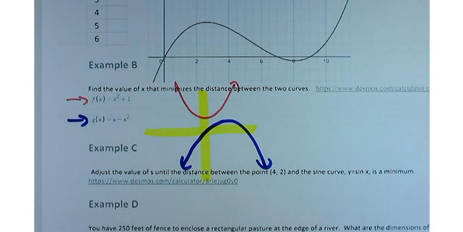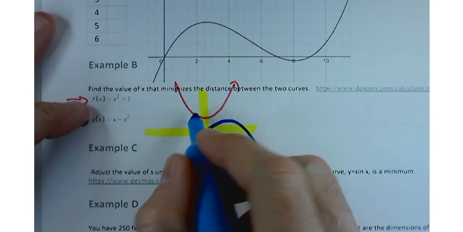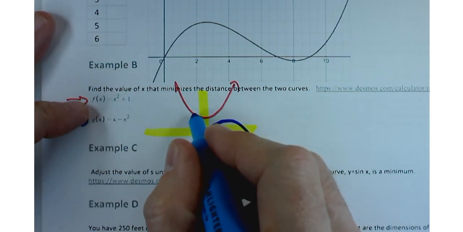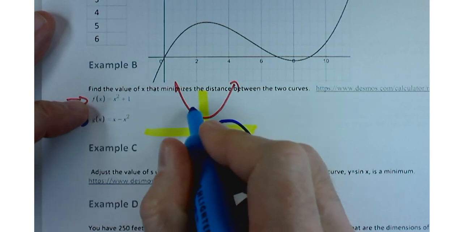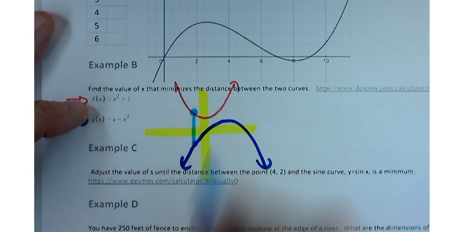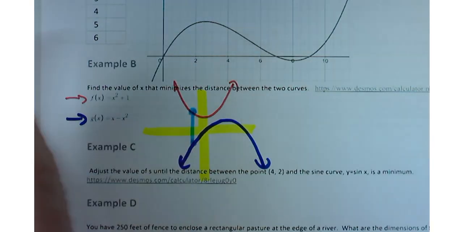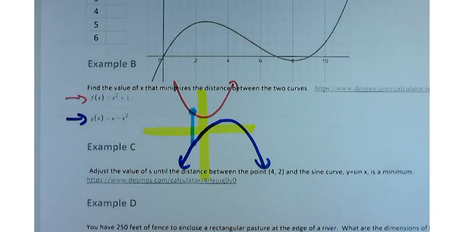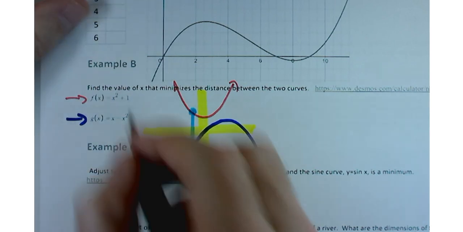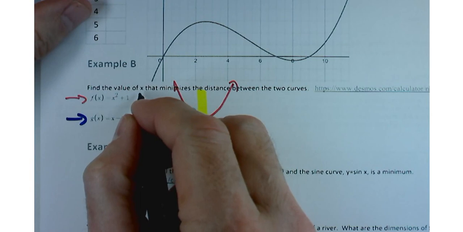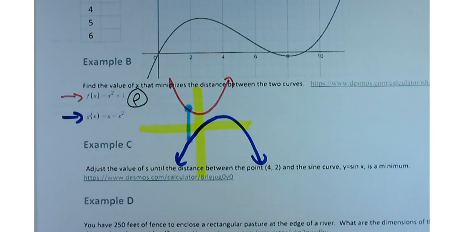But what we're trying to find is the value of x at which the distance between the top and the bottom function is a minimum. Now, depending on what value of x you choose, that distance is going to be bigger or smaller. We're going to find the one that minimizes that. But anyways, there's your picture.